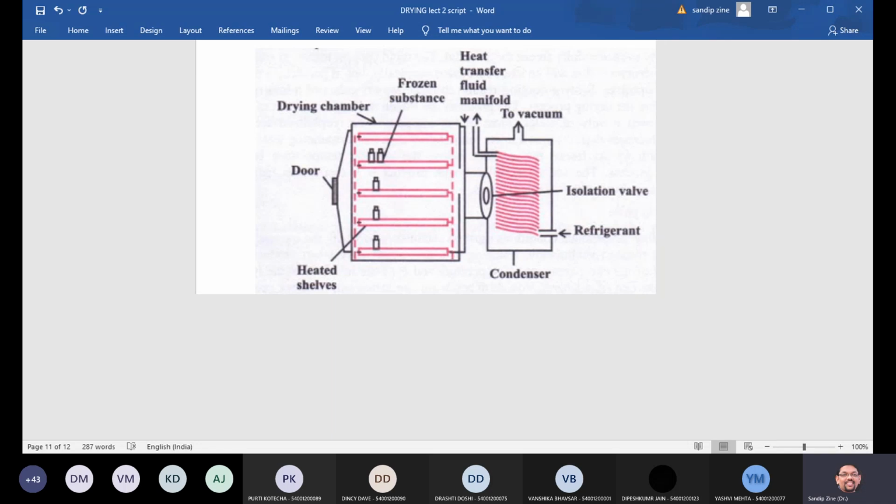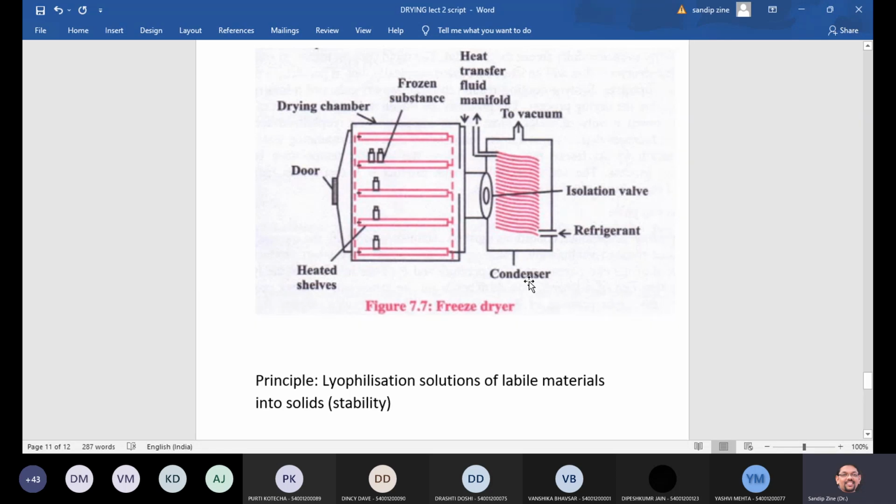If you observe, the condenser is maintained over here. Because the condenser is maintained at a lower energy level relative to the product ice, the vapors condense and turn back into solid form in the condenser.